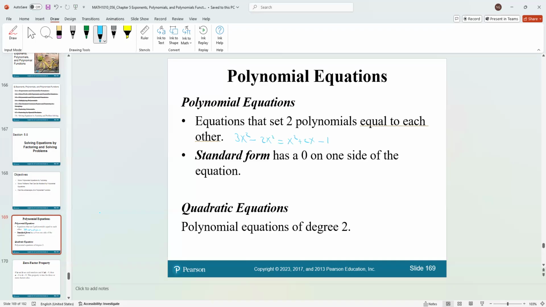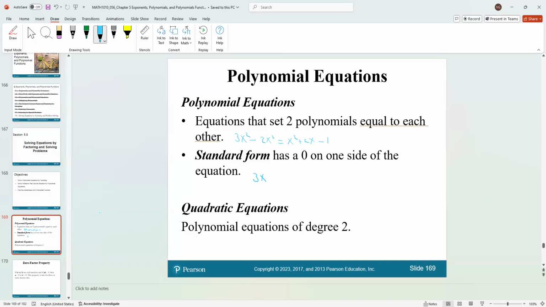A polynomial equation is in standard form if one side of the equation is 0. So instead of leaving the polynomials as they are, I can just move all those terms to one side.